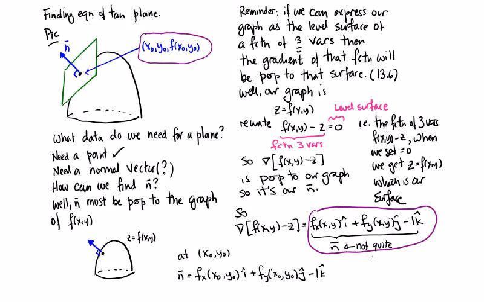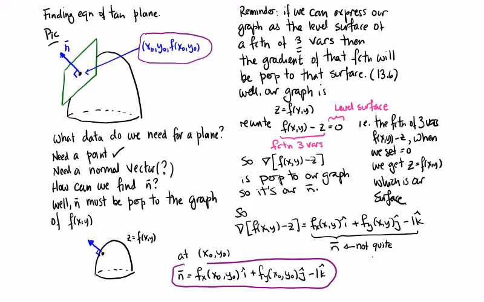So that's our n. This is the one we want. So I'm going to combine these two things. I'm going to clear the screen and combine those two to create the equation of a tangent plane. And then we can write down our final formula and look at an example.